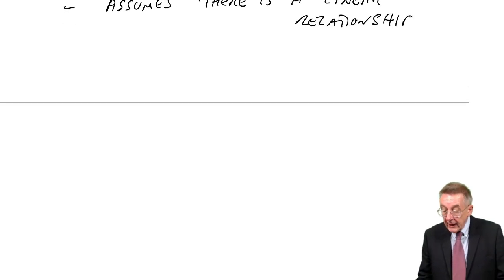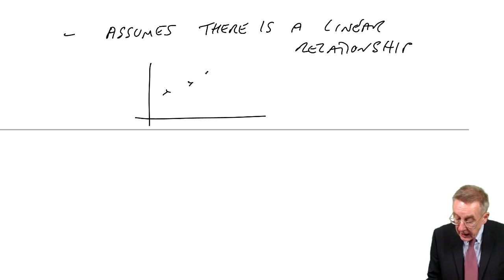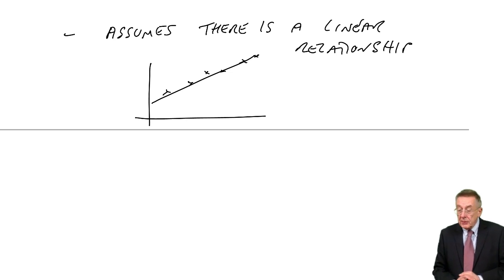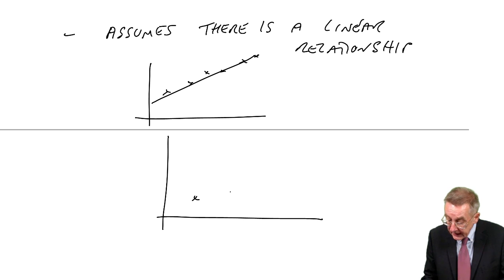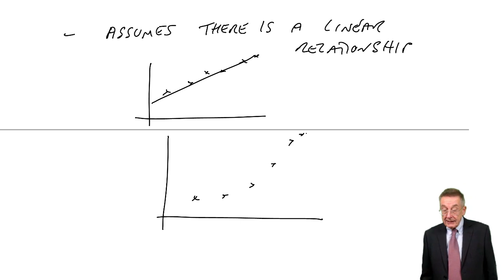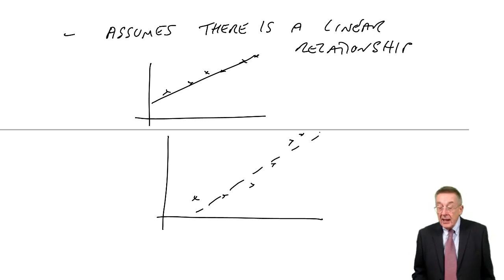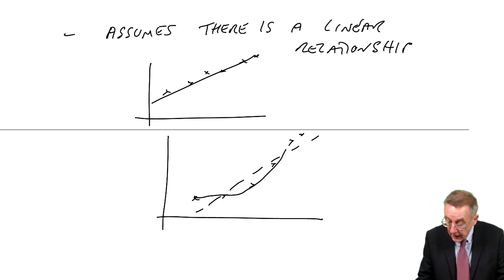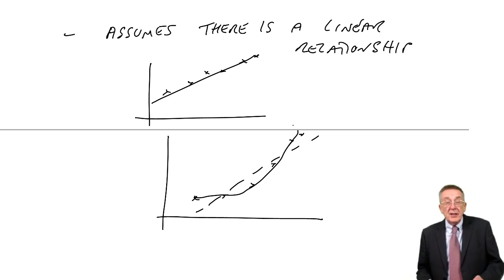It does assume that, all right, we accept things aren't perfect, but it does assume that the points do lie more or less on a straight line, and we found the line that most nearly goes through them. But it could be like this. And of course, if it looked like that, you can still use equations to find a line that most nearly goes through them. But it's clearly not linear, it's a curve. And you can't be expected to deal with curves, but it would mean what we've done is all rather stupid.